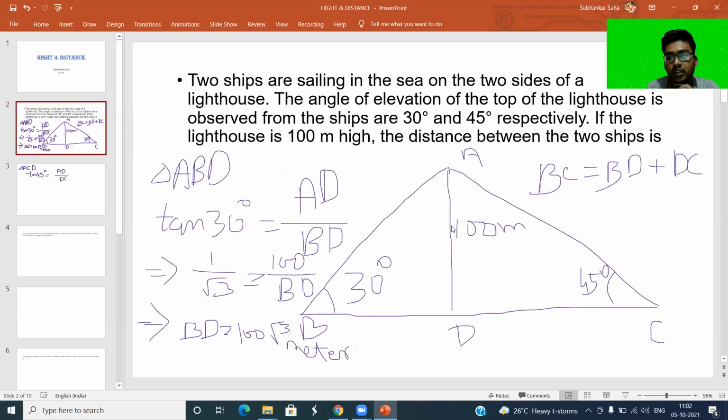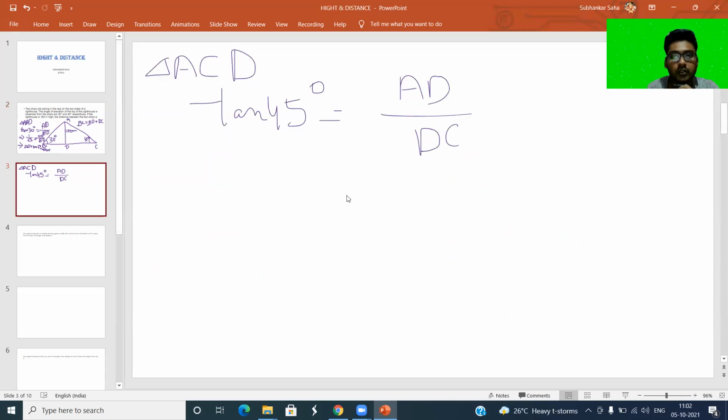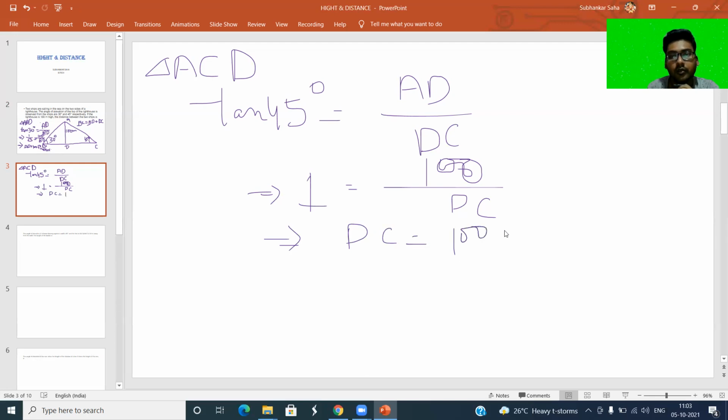In this triangle, height means AD and base means DC. Height AD is 100 meters. Tan 45 degrees value is 1. Then DC is equal to 100 meters.